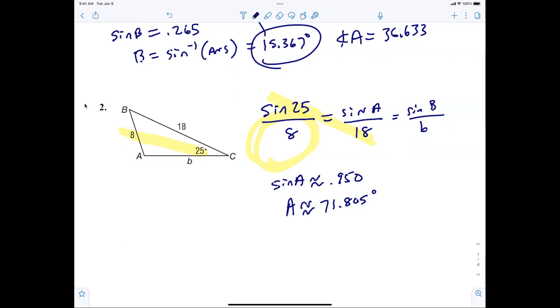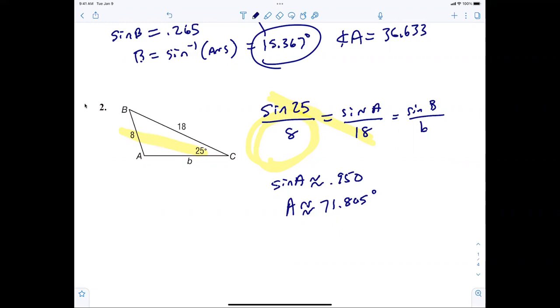Listen, I don't have time to wait on you. I'm asking you, tell me in words, how do you get sine of A? What are we doing? Cross multiply. And how do I cross multiply? What am I multiplying? 8 and sine of A, and 18 and sine of 25. And then you set them equal to each other. And then you divide on the calculator.